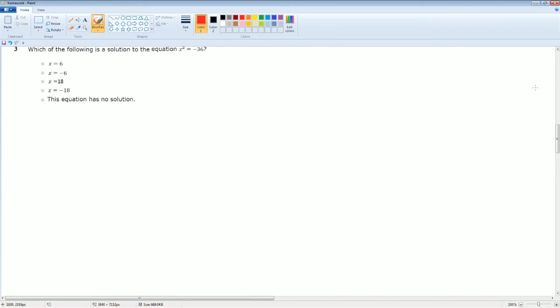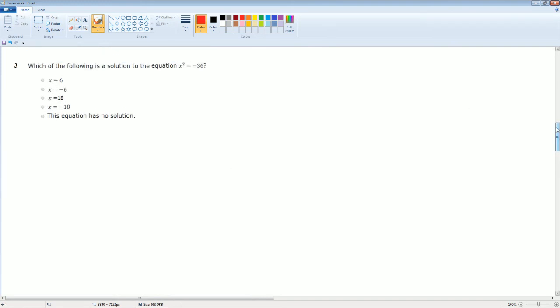All right, let's take a look at this. What about this? Okay, this problem is going to be done exactly like the second one. Or can we? Oh, negative. That is very interesting. There's a negative in front. All right, so let's see if we can apply our rule like before. X squared is equal to negative 36.